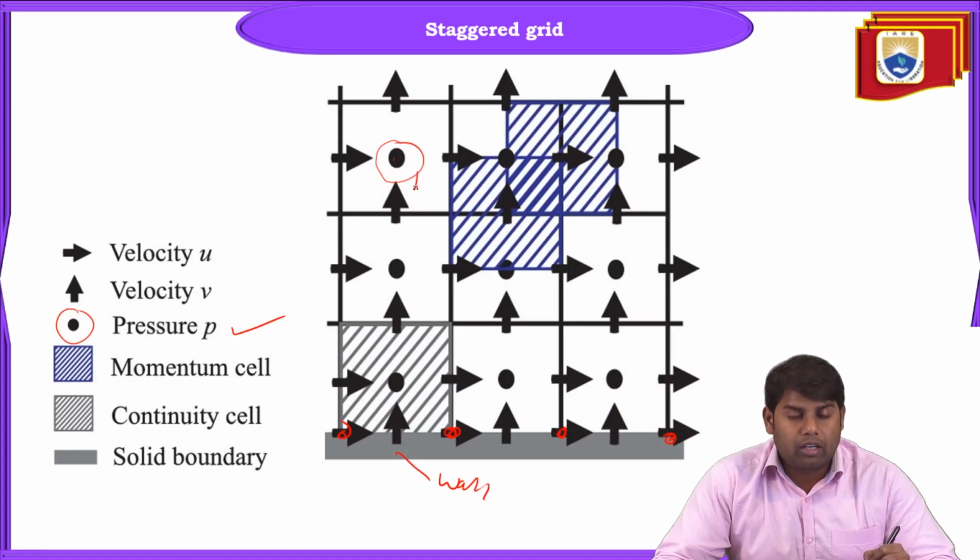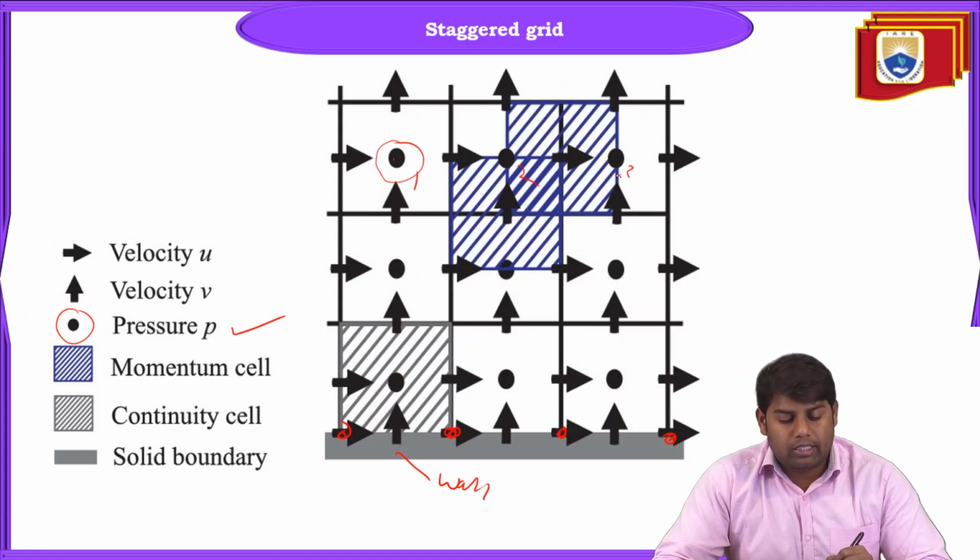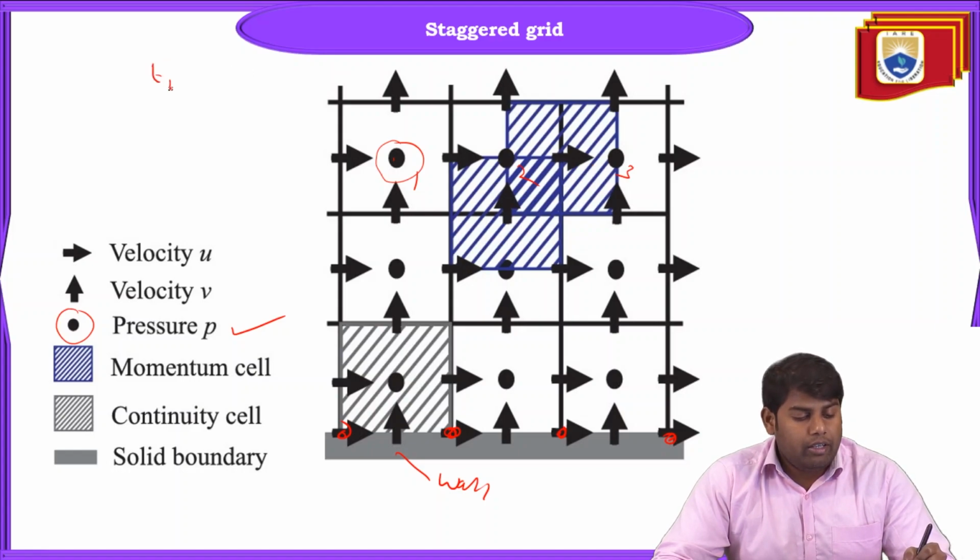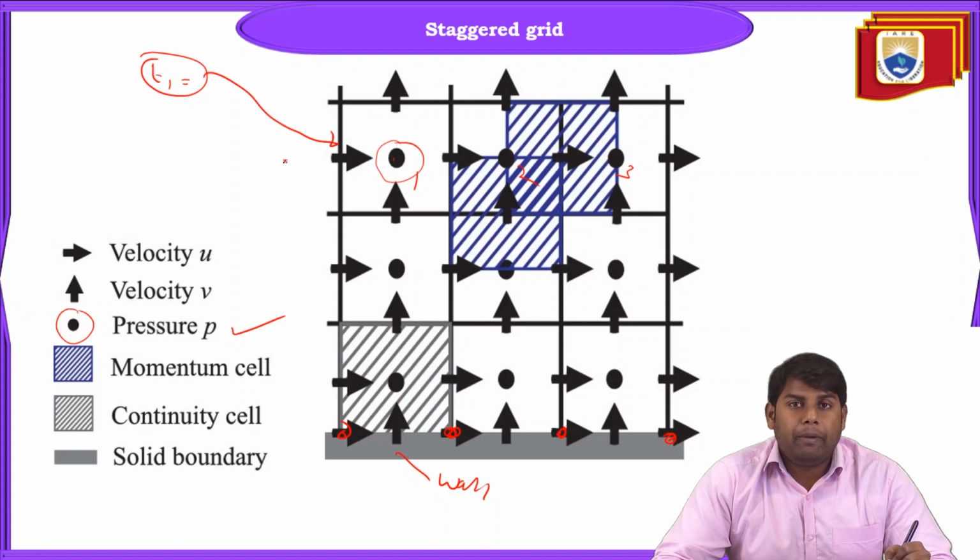So let's say this is 1, this is 2, this is 3. At T1, these values will initially be P1, let's say U1, V1, T1. At T2, the value will get overwritten and it will be stored at these locations. Or you can save the data set at each and every iteration.